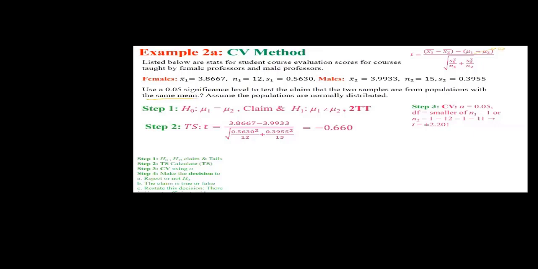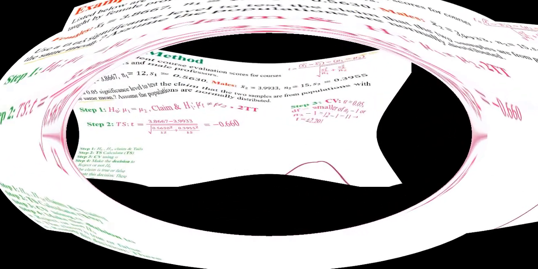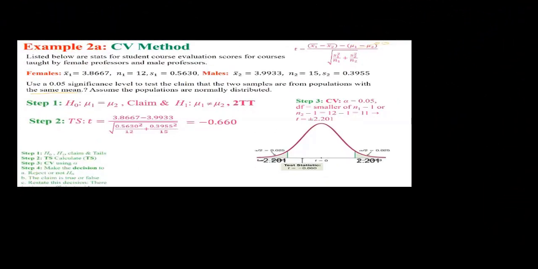For the very top, area in two tails, because it is a two-tailed test, 0.05. When you do the drawing for the critical values and you put the test statistic, negative 0.660, in between, that means it's not in a rejection region. Do not reject H0.